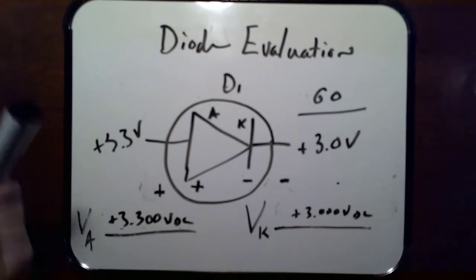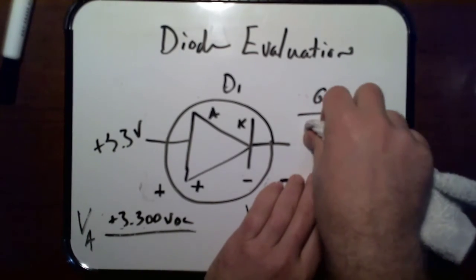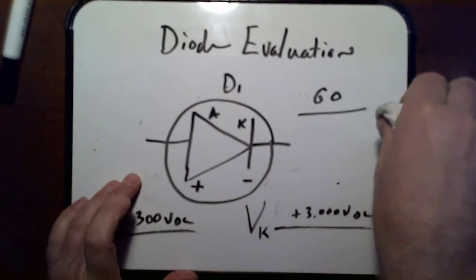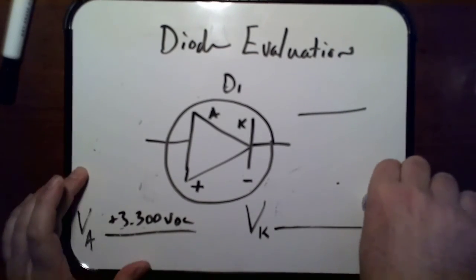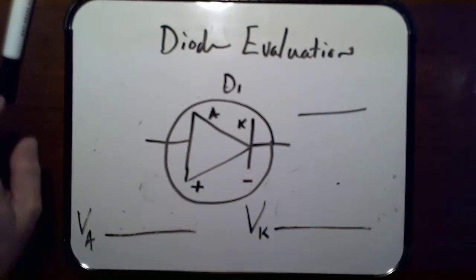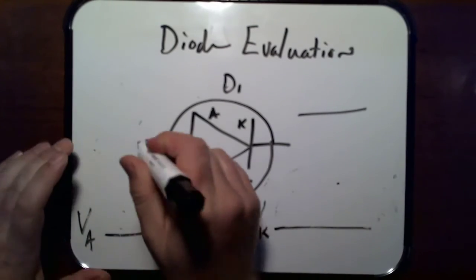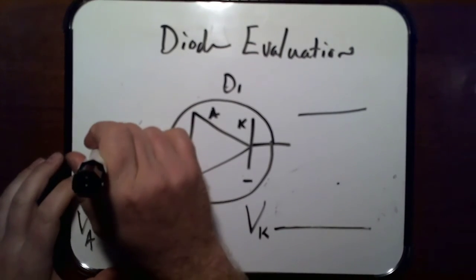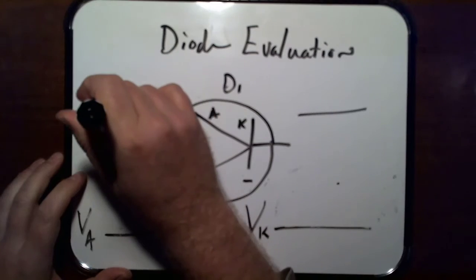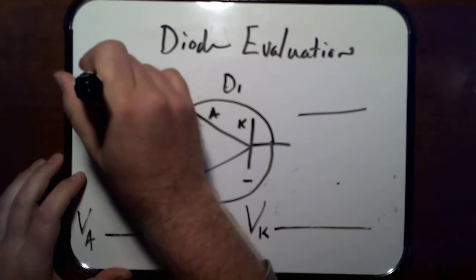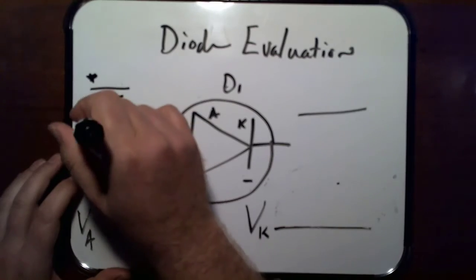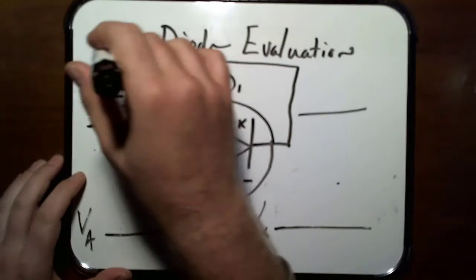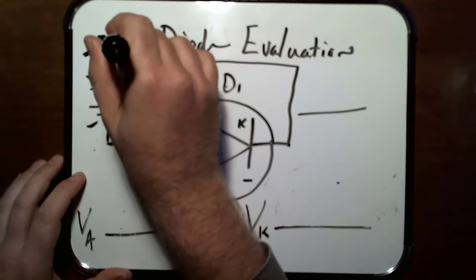All right, if I took a battery and hooked this diode up backwards, let's do that quickly, and I think we'll be done with this example. Let's say I put a battery right here, plus 3 volts.